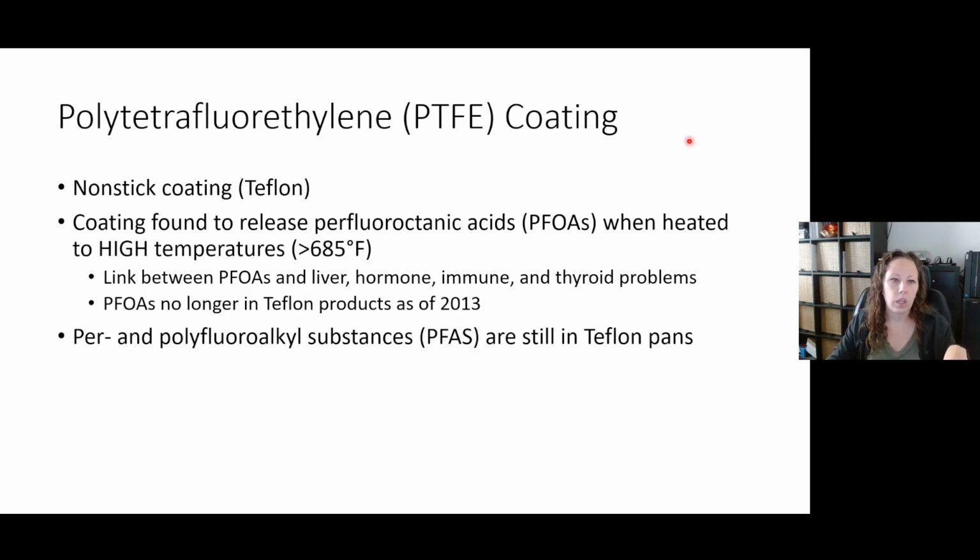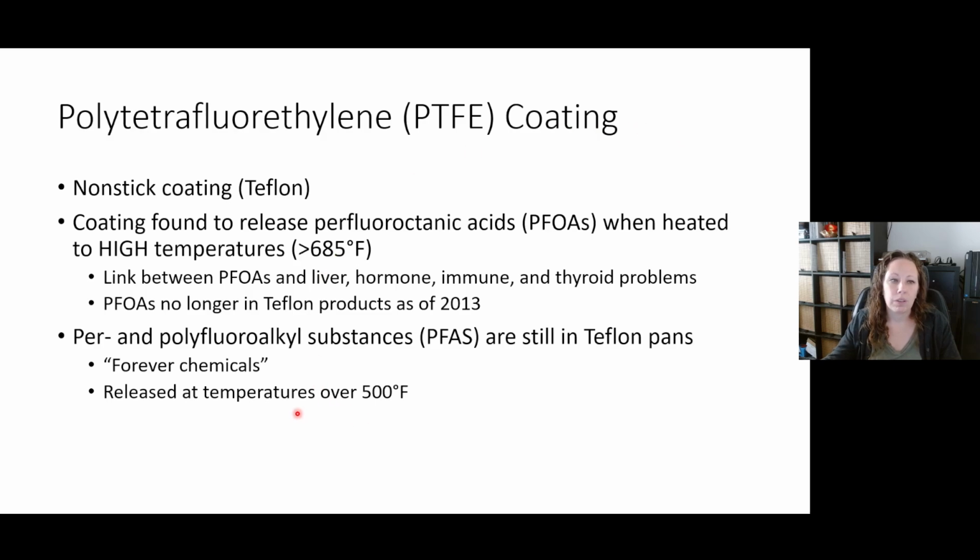However, there are still some chemicals that are in Teflon pans that people do have some concerns about. These are per- and polyfluoroalkyl substances, PFAs, and they're also known as forever chemicals. They don't biodegrade, and they do stick around in your body.